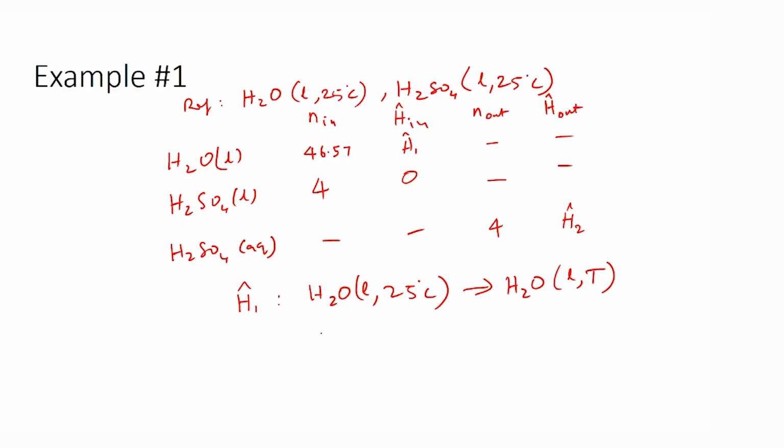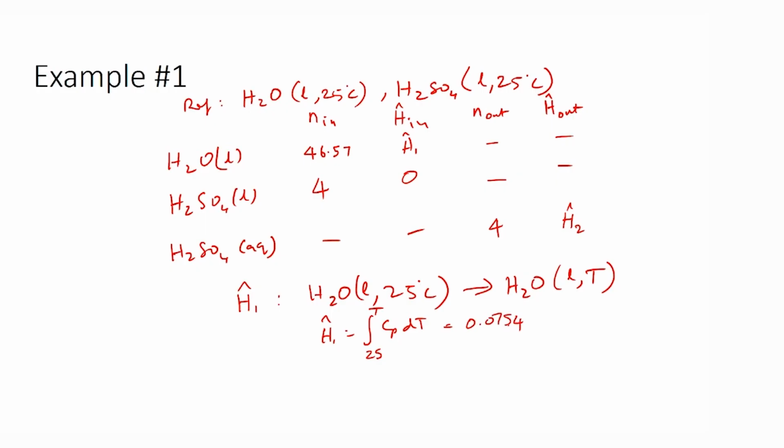So, for this process, your H1 cap would be equal to integral Cp dT, where temperature changes from 25 to T. So, if we were to use the Cp value in terms of kilojoules per mole degree Celsius, the value for Cp is 0.0754.